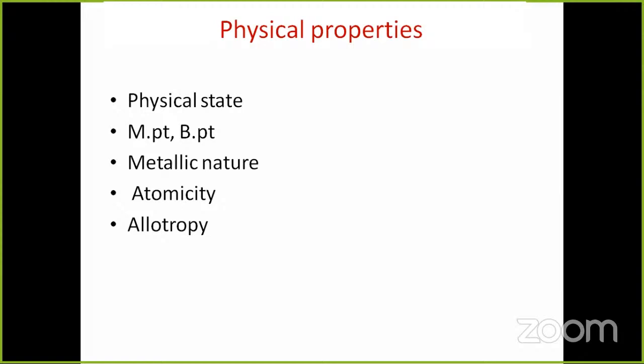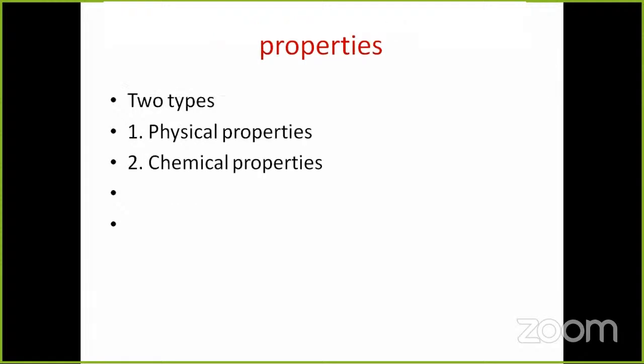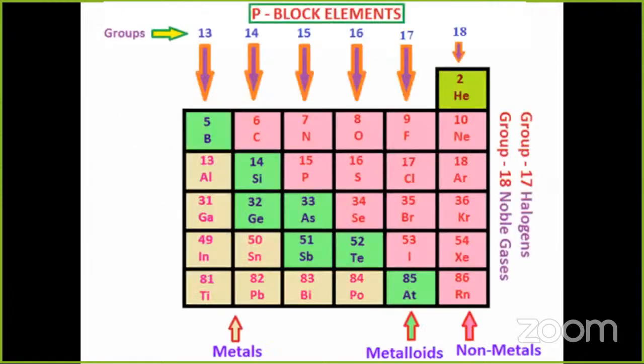For example, carbon, even aluminum also, exhibits different forms. Carbon exhibits crystalline and amorphous allotropic forms, like diamond, graphite, coal, coke, coal tar; everything comes under carbon allotropes.